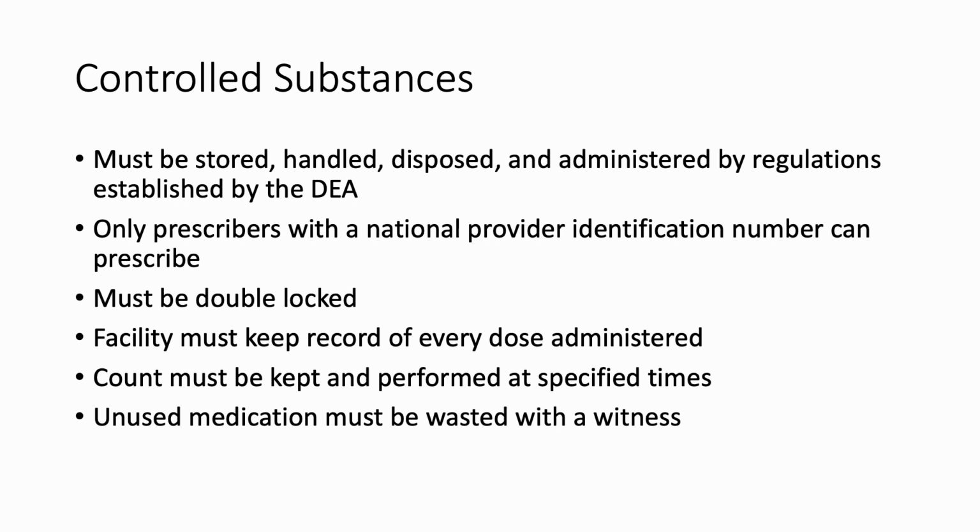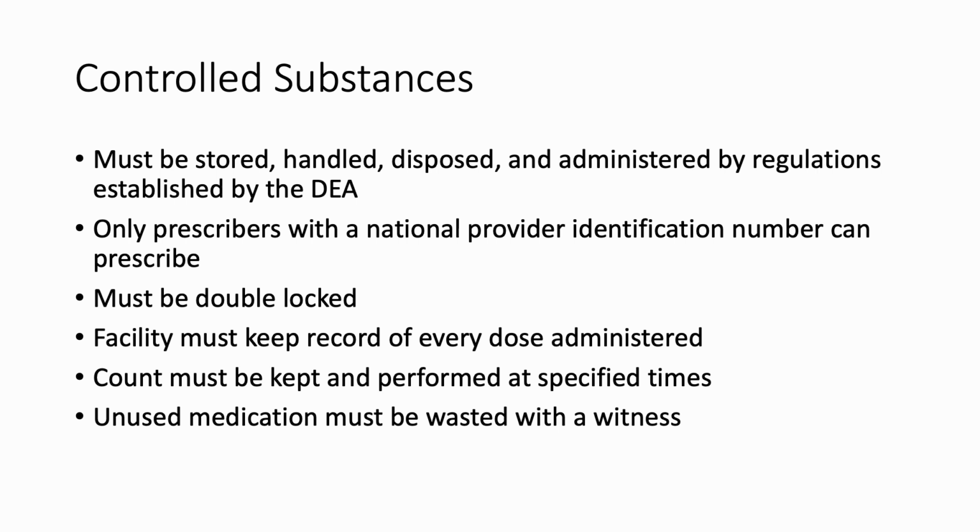When they are stored, they must be under a double lock. So there must be either two locks or double identification of some kind to be able to get out these medications. Facilities must keep a record of every single dose of a narcotic or controlled substance that's administered. A count must be kept and performed at specific times for all of these medications.